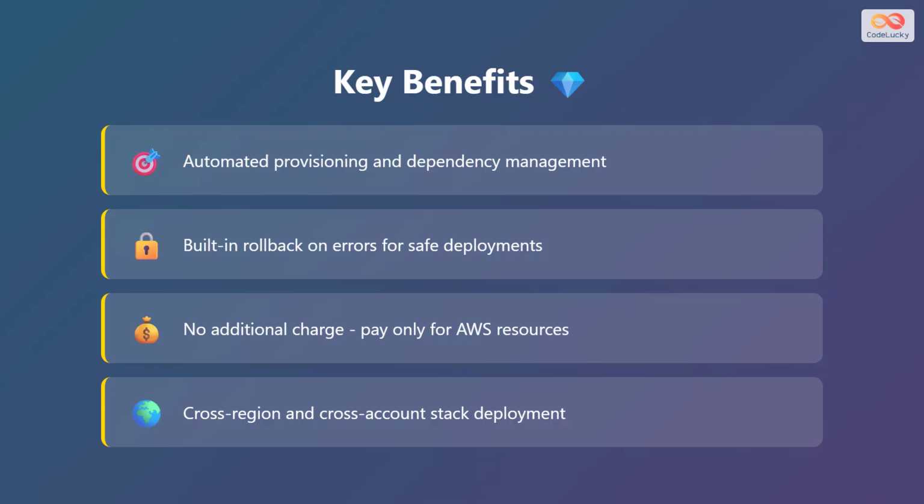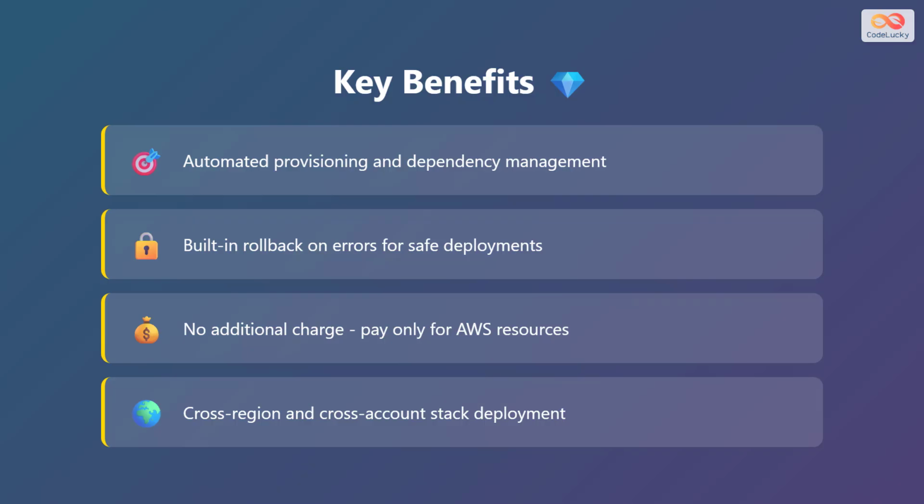CloudFormation provides several powerful benefits. First, automated provisioning with dependency management. CloudFormation automatically determines the correct order to create resources and manages all dependencies between them. Second, built-in rollback on errors. If something goes wrong during stack creation or updates, CloudFormation automatically rolls back to the previous stable state, protecting your infrastructure.